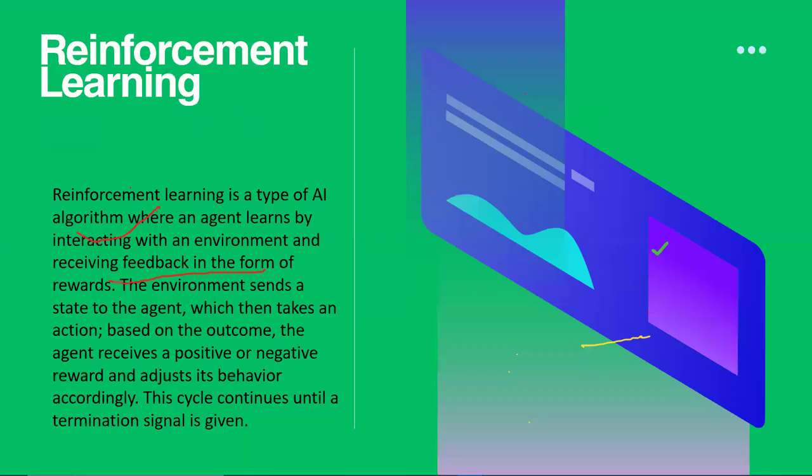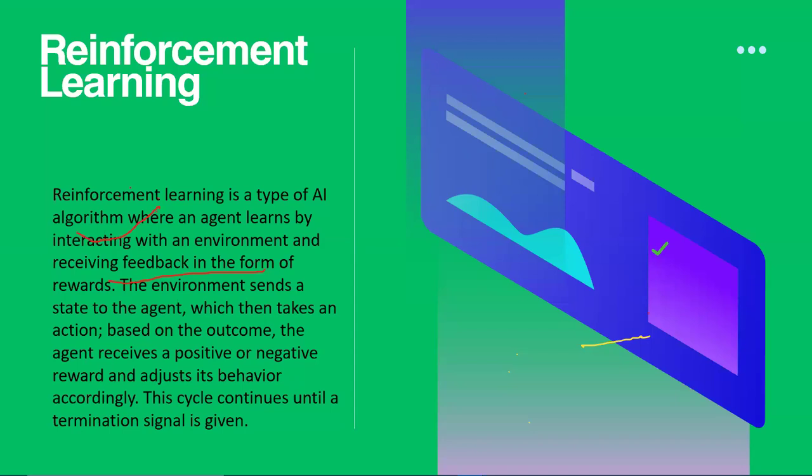The last type of algorithm we'll be looking at today is reinforcement learning, right? And reinforcement learning, as the name implies, is reinforcing. You are reinforcing a particular action. Something is happening and you are reinforcing that process.